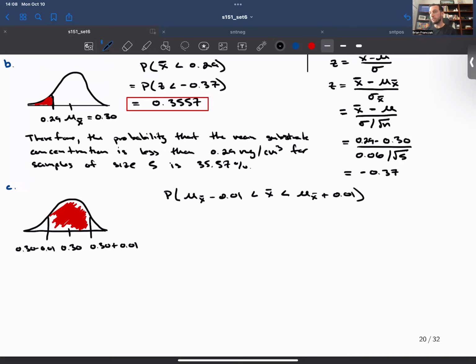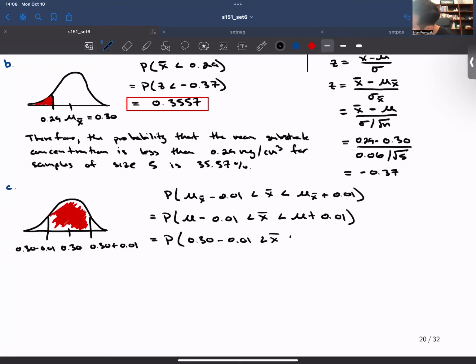But we know what all of these different quantities are. We know what mu x bar is. So this reduces to the probability that mu minus 0.01 is less than x bar is less than mu plus 0.01, which is 0.3 minus 0.01 is less than x bar is less than 0.3 plus 0.01.